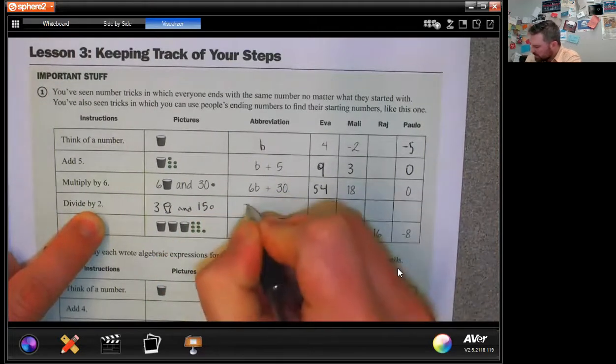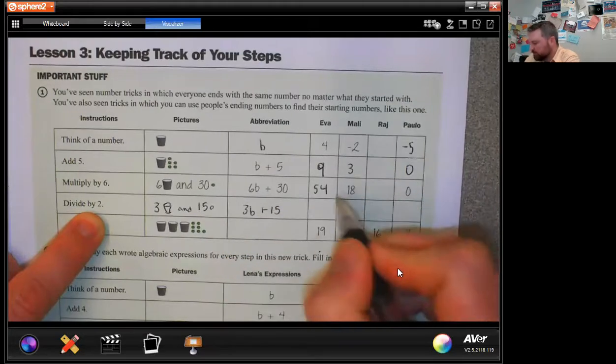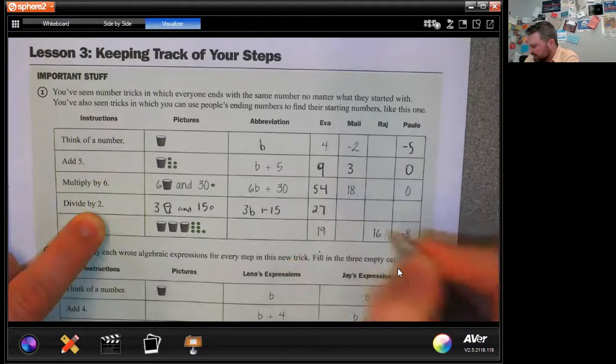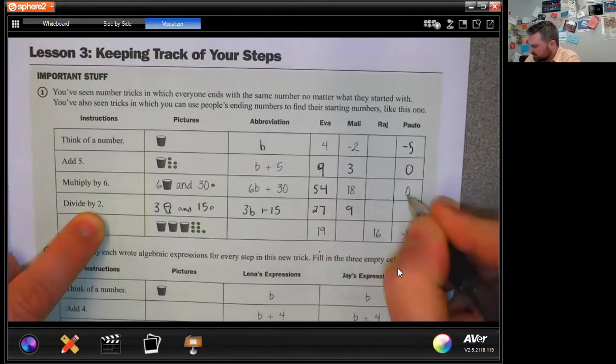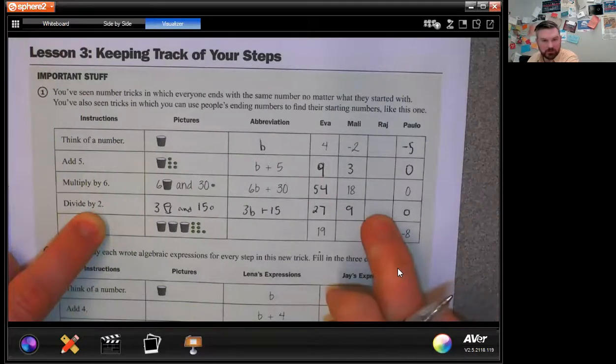So that's 3b plus 15. 54 divided by 2 is 27. 18 divided by 2 is 9. 0 divided by 2 is 0. And I can't quite do this one.